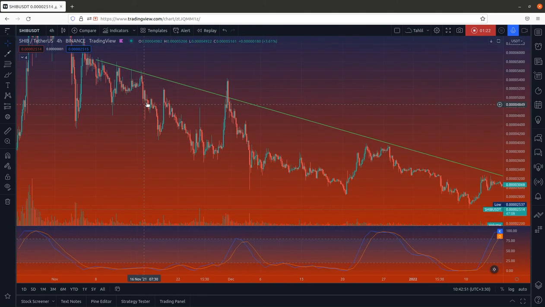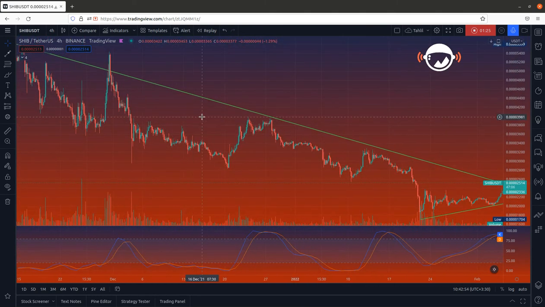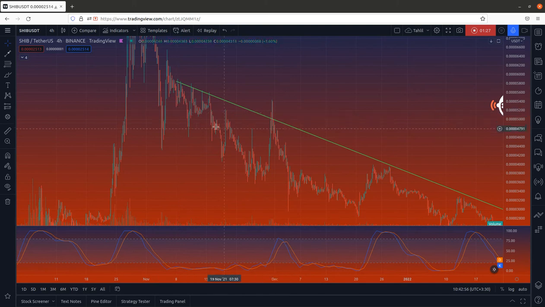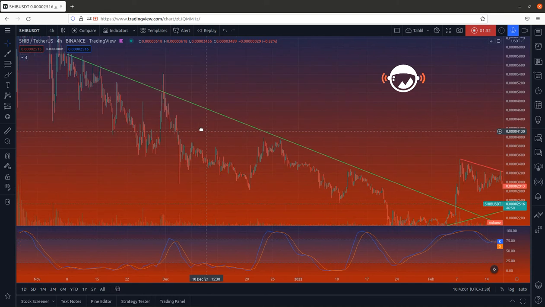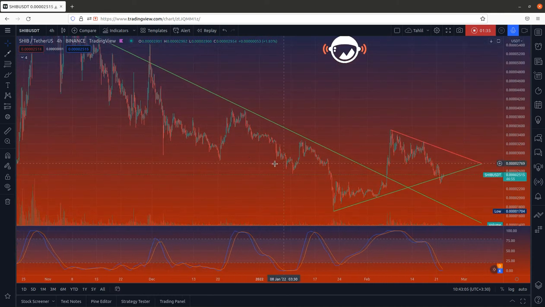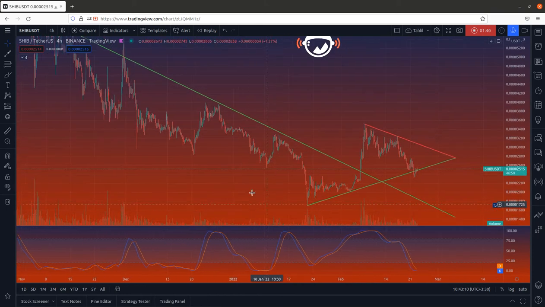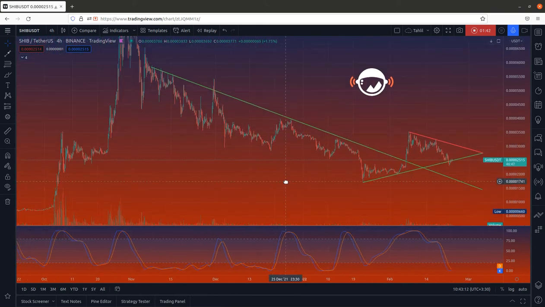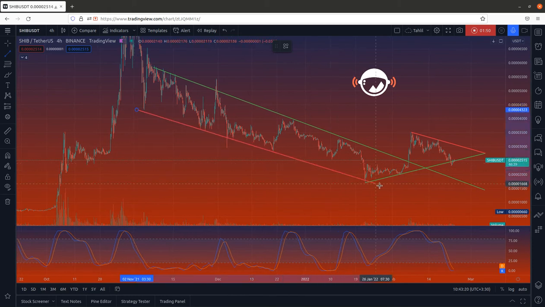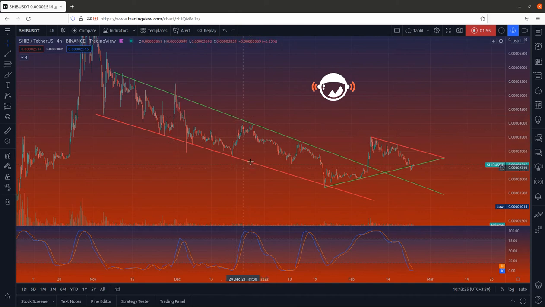And anytime the price reached this green line, you see, since this line was created around November 8th, it did not let the price go any further higher. And anytime it hit it, it came back down. There also we can consider another line here, which the price has been moving between, these two lines, this green line and this red line.